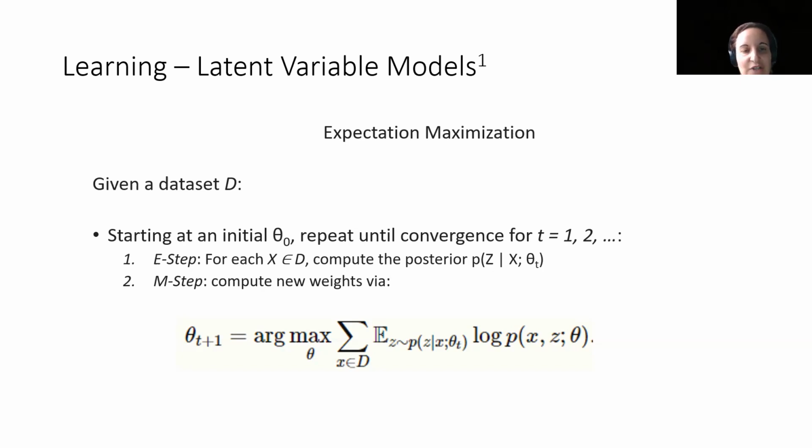But the reason I say this is more intuitive is because the hardest part is to actually compute the posterior probability of the latent variable, so it makes sense for me to write it that way. Any question on the expectation maximization algorithm?